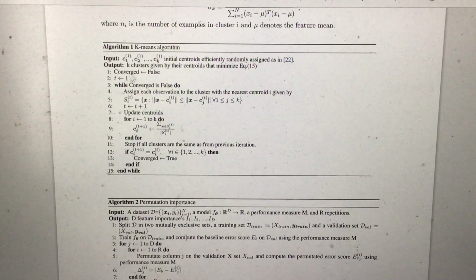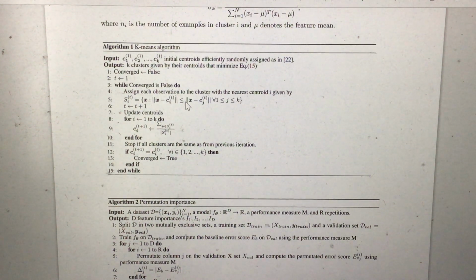We set converged to false, and t to 1. We assign each observation to the cluster with the nearest centroid, given by this function. So S_i will be cluster i.